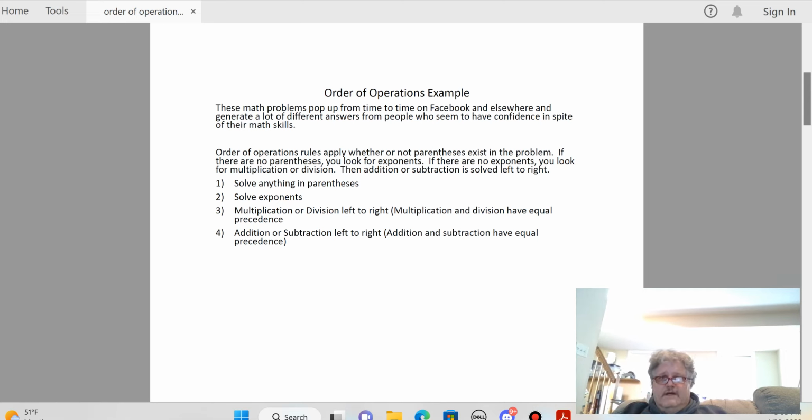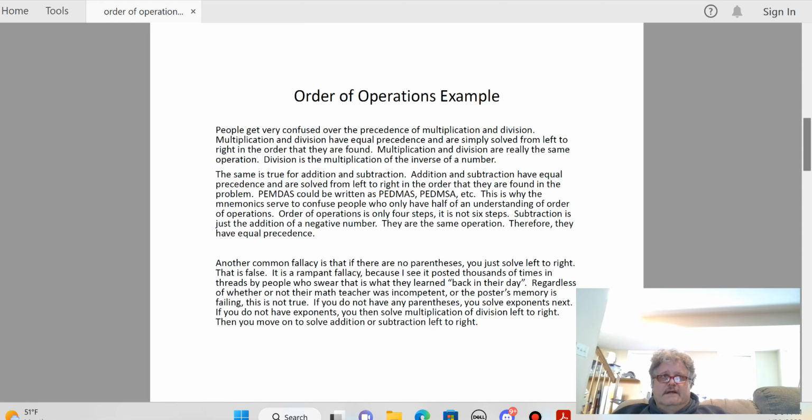And then you look at addition and subtraction and solve those left to right. Addition and subtraction have equal precedence as well. And again, if you don't have parentheses or exponents, order of operations still applies. It always applies. You just look at multiplication and division next.